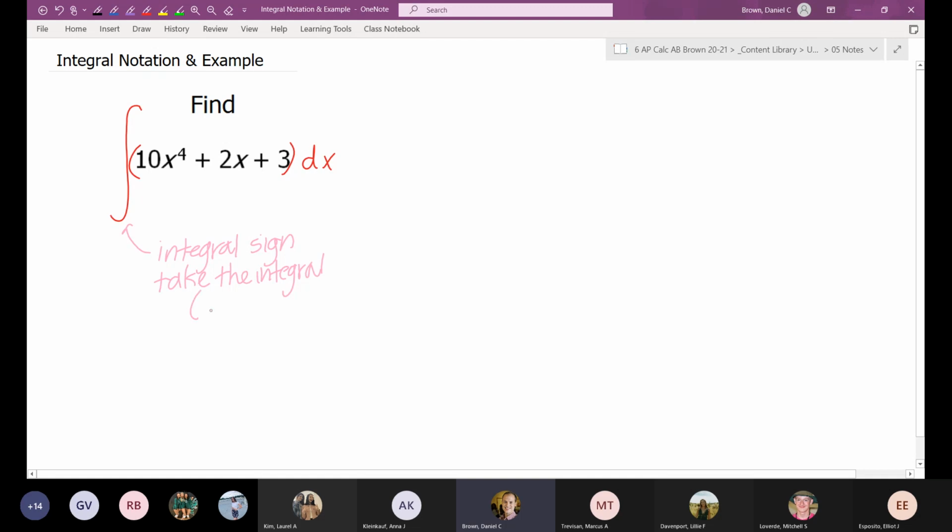The verb for that is basically to integrate. Another way to say to integrate is basically to find the antiderivative. And that's why you'll hear me use the integral and antiderivative interchangeably, because they really do mean about the same thing.